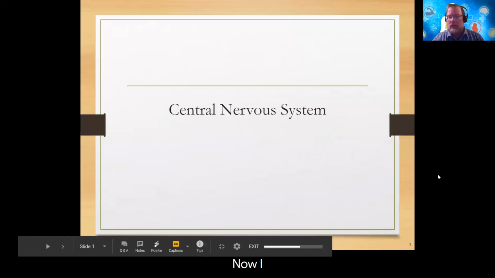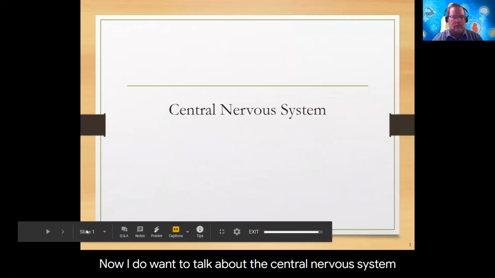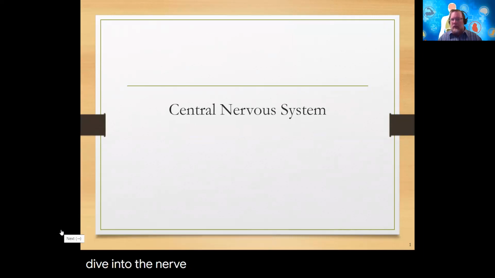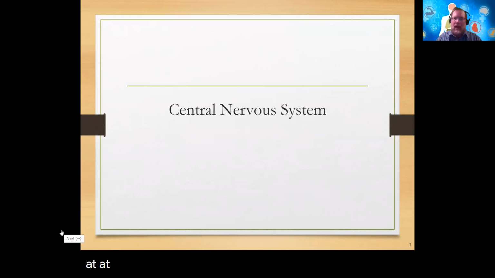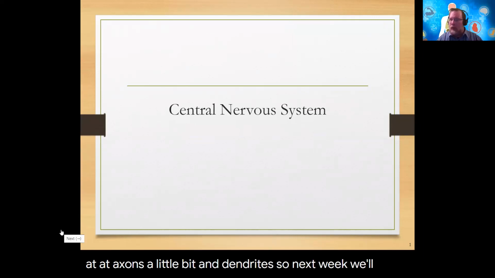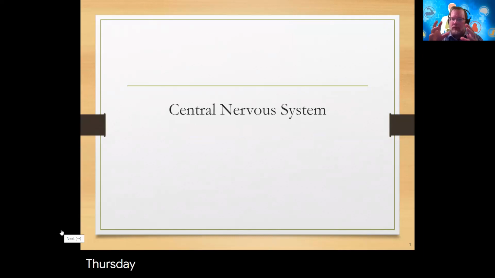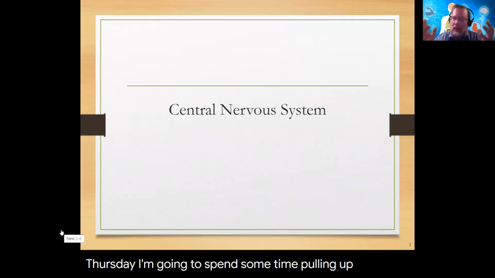For now, I do want to talk about the central nervous system. As we dive into the nervous system, there are a few items we've discussed already. We've looked at a neuron, we've looked at axons a little bit, and dendrites. So next week, on Thursday, I'm going to spend some time pulling up, like I said, Visible Body.